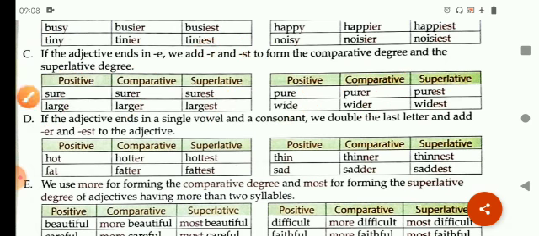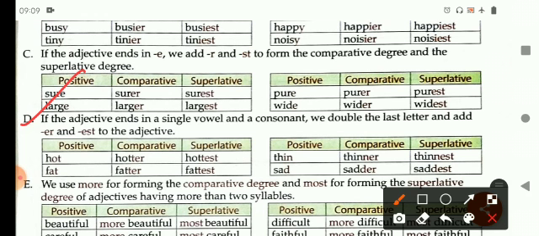Now the next one is, if the adjective ends in a single vowel and a consonant, we double the last letter and add er or est to the adjective to make the comparative or superlative degree. Suppose the word is hot, ending with a single vowel and consonant. So what is the rule? We just double the last letter.